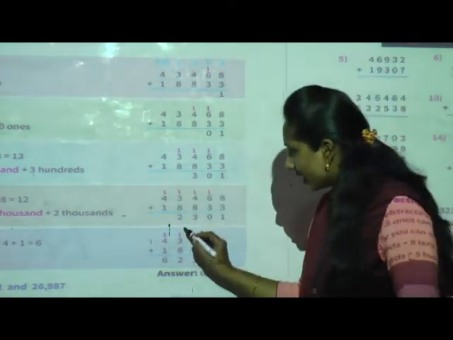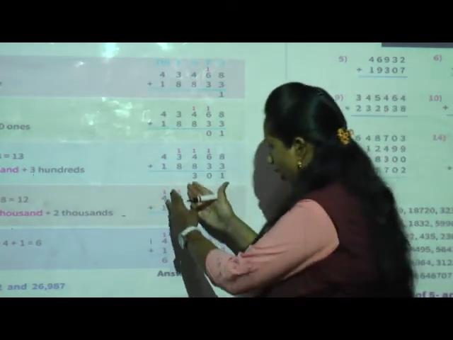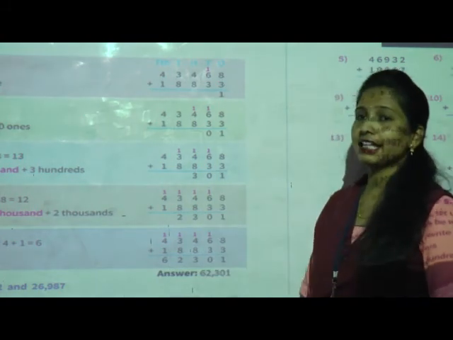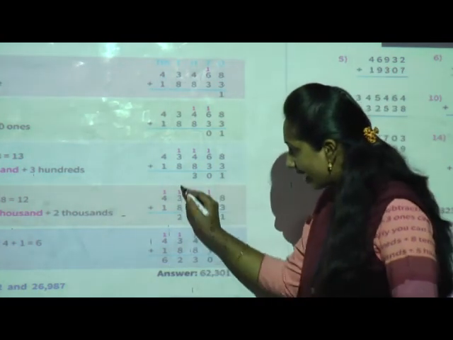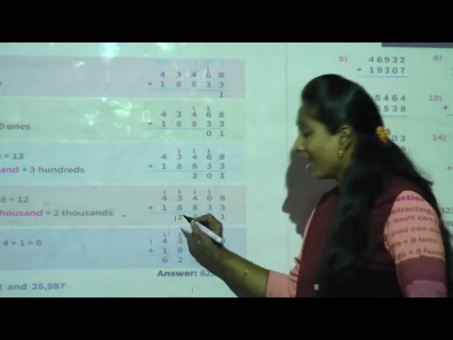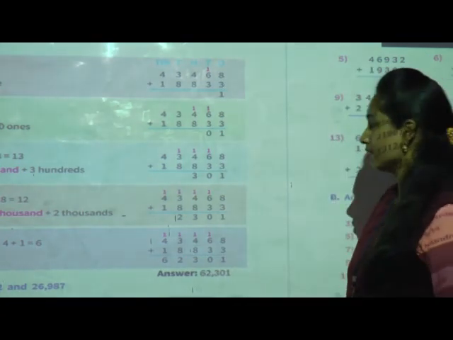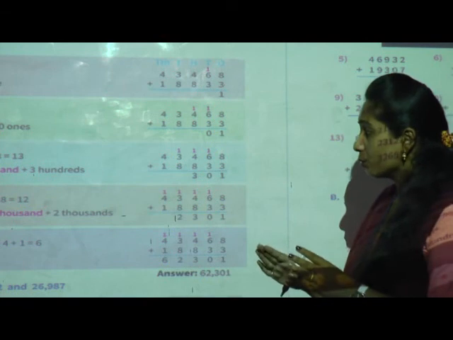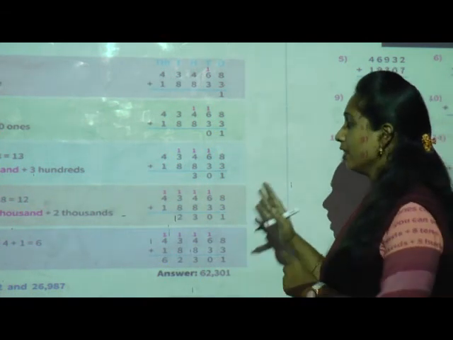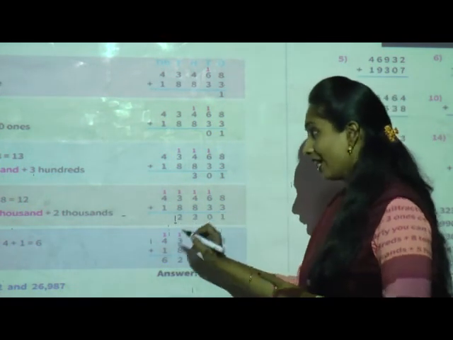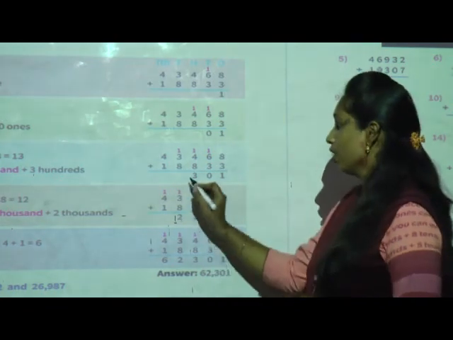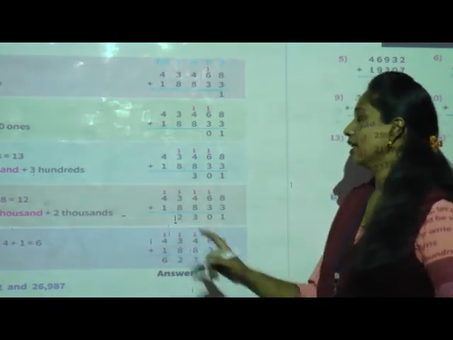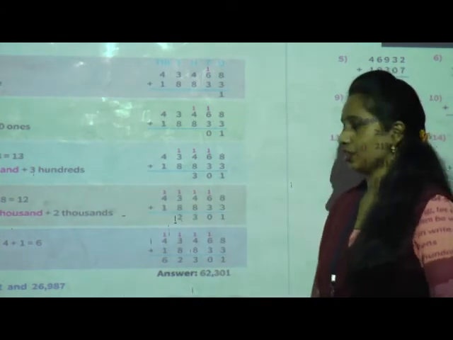Now we add the thousands place. 1 plus 3 is 4, 4 plus 8 is 12, so we got 12,000. In 12,000 there is 10,000 and 2,000. So 2 we write in the thousands place and 1 we carry to the 10,000s place.